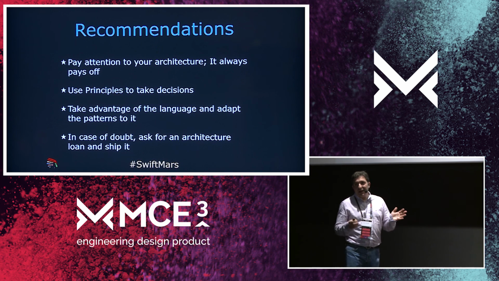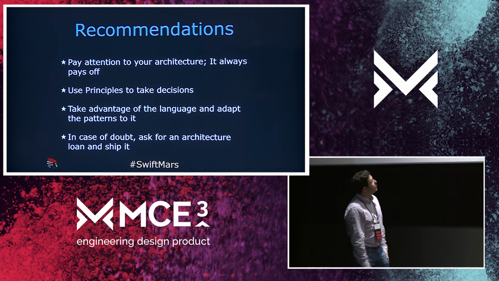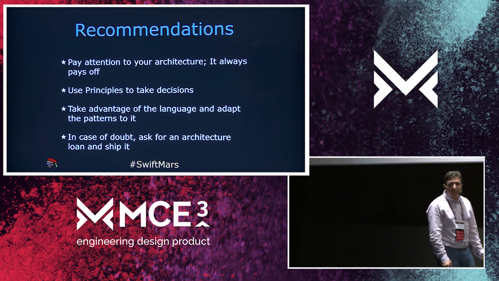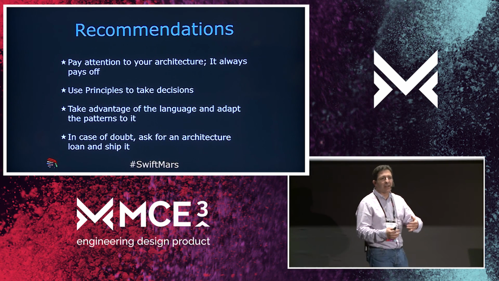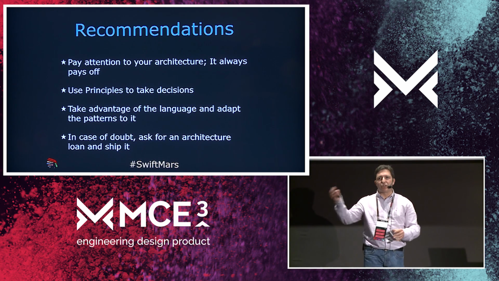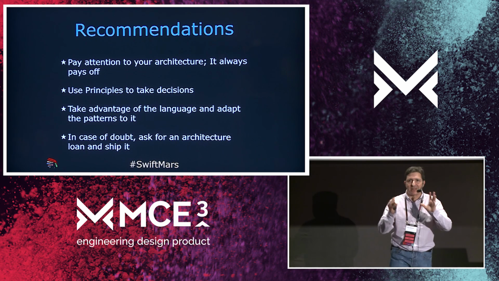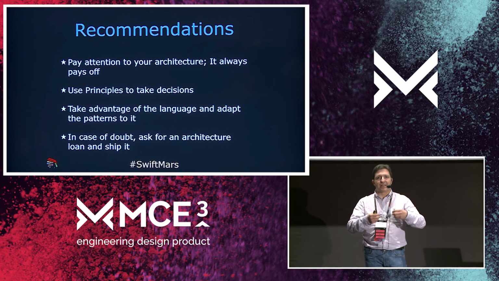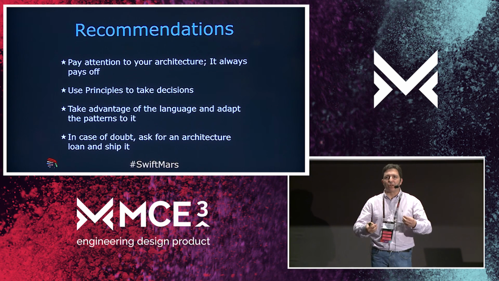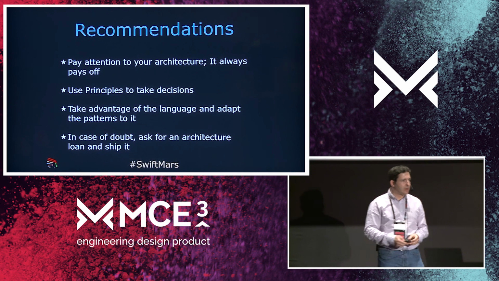But in any case, it is never late to start caring about the architecture in your application. I would recommend using principles in order to get the most benefit from your architecture. When you have to make decisions, instead of saying this person told me to implement the architecture like this, I recommend you use principles that will provide you with better reasoning for taking one decision or the other.